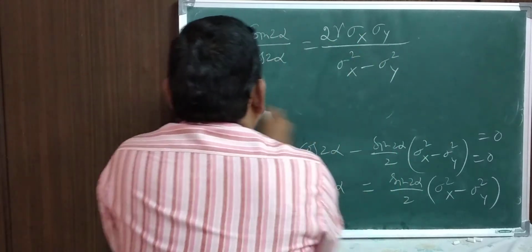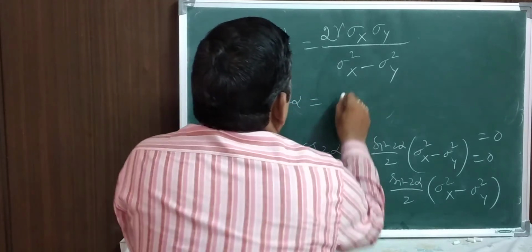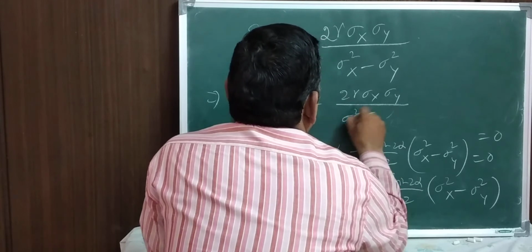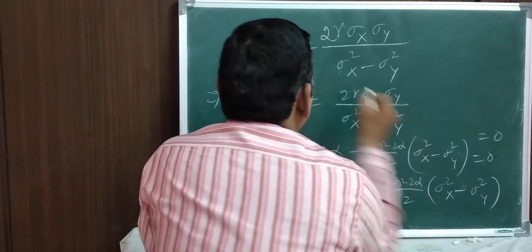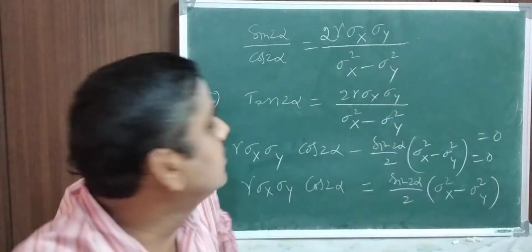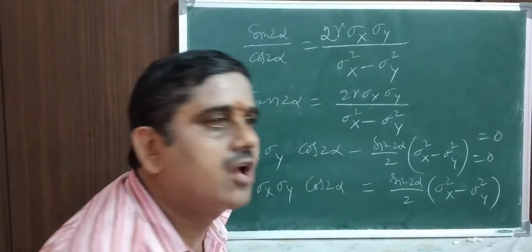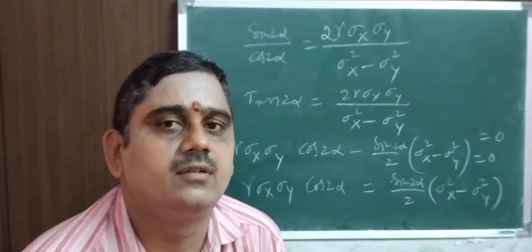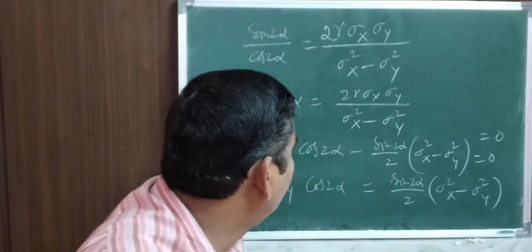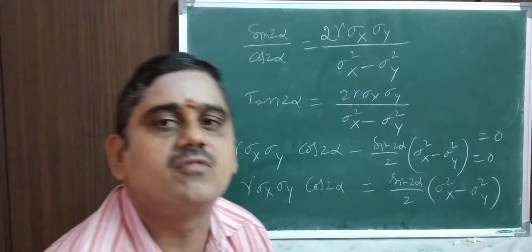So this is the formula: tan 2 alpha is equivalent to 2r sigma x sigma y divided by sigma square x minus sigma square y. This is the value we got. Is it right? So this is the calculation: if u and v are uncorrelated variables, then we have to show tan 2 alpha is equal to 2r into sigma x sigma y divided by sigma square x minus sigma square y.